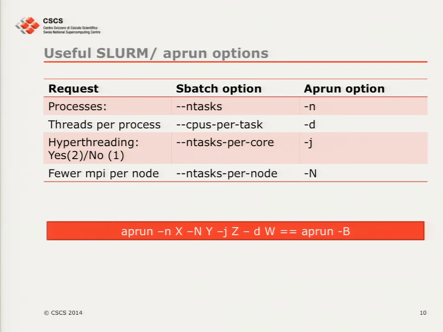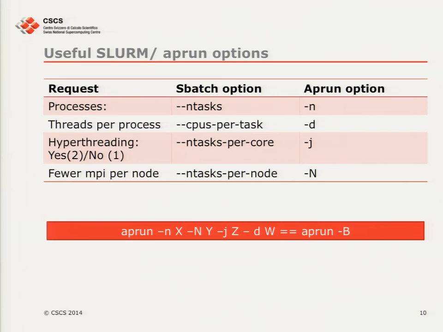If you have memory issues, so if you need more memory per task in your application, you can reduce the number of MPI processes per node by using the ntasks-per-node SBATCH option or the aprun option minus capital N. Don't confuse that minus capital N with the salloc minus capital N, which tells it how many nodes to allocate.